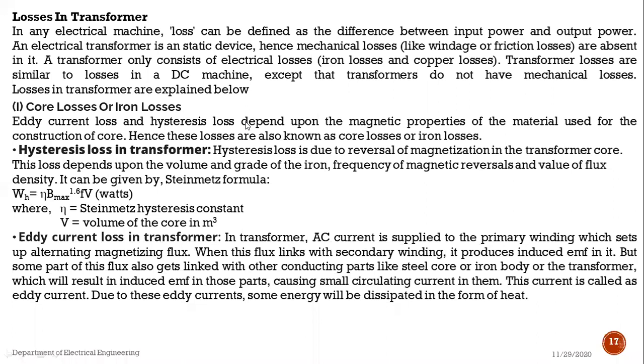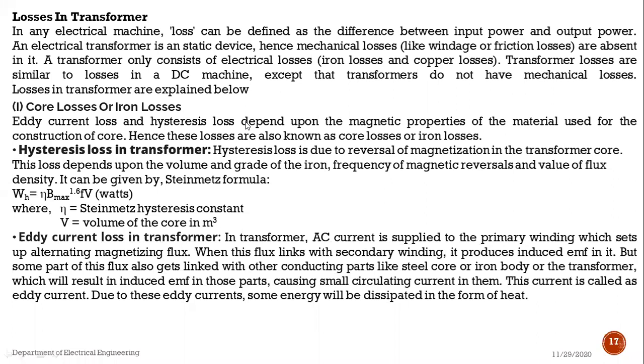Okay, why is it called core loss? Because while constructing the core, the material used and its magnetic properties determine the losses, so we can call it a core loss or iron loss.